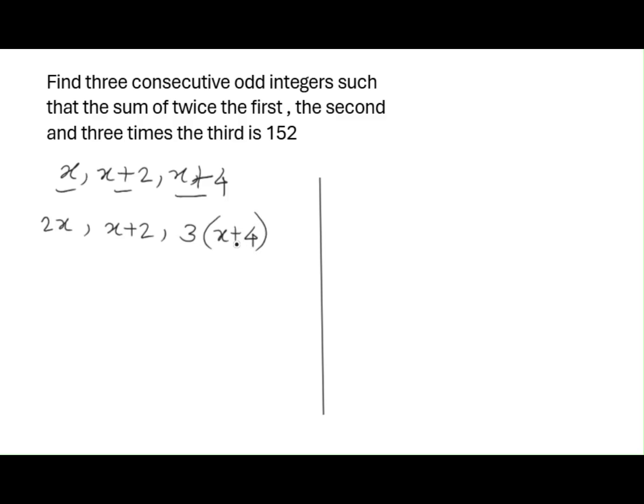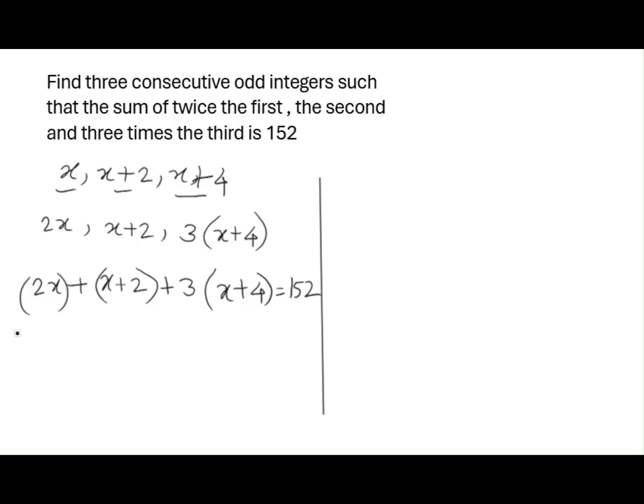We have to add all these three numbers, then we will get 152. That means the equation formed will be 2x plus x plus 2, this is the second number, this is the first number, and 3 times the third number is 152.